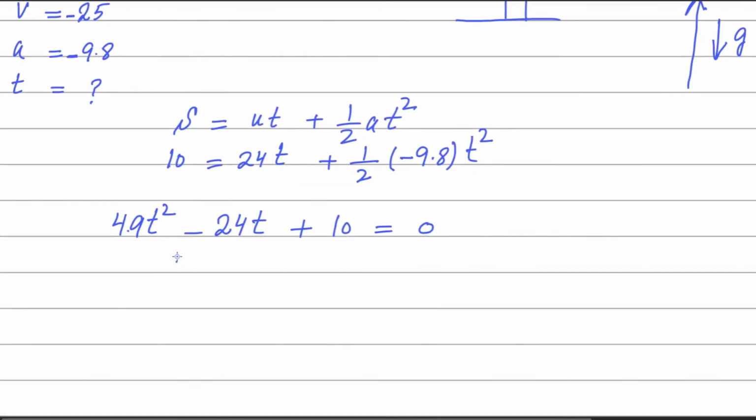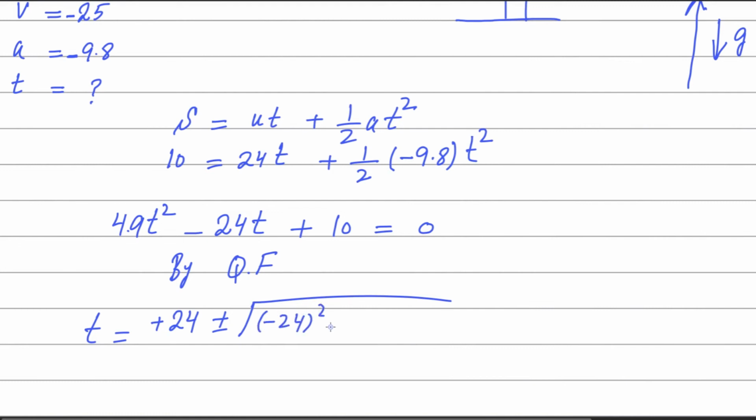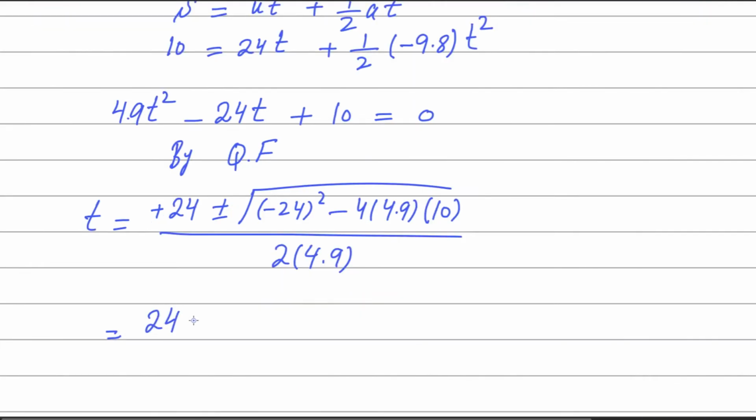By the quadratic formula we can find the value of t. t equals minus b. b is negative already, so it becomes positive 24, plus or minus the square root of negative 24 squared minus 4, a is 4.9 and c is 10, all divided by 2 times 4.9.